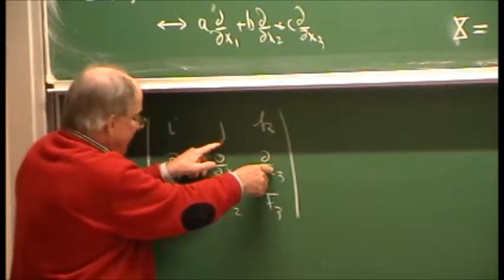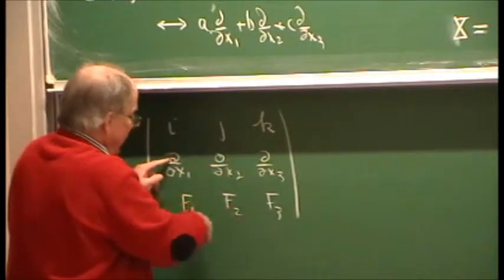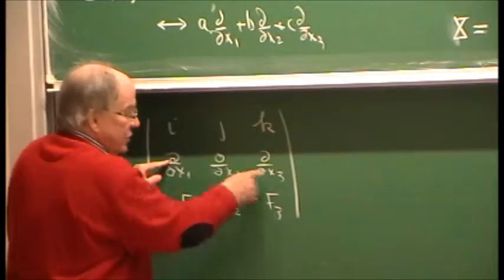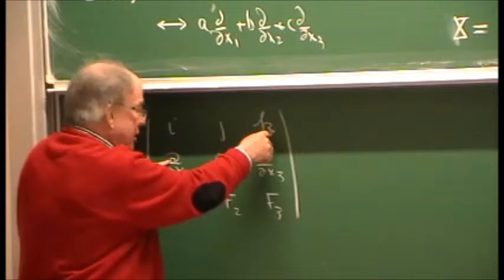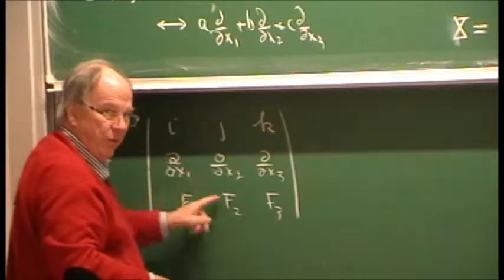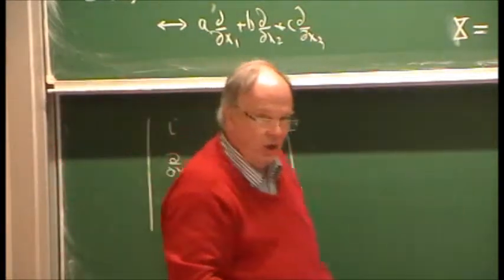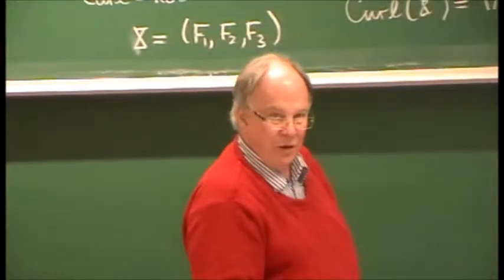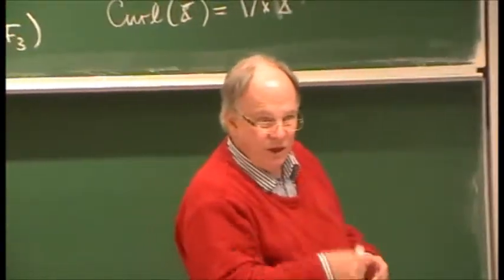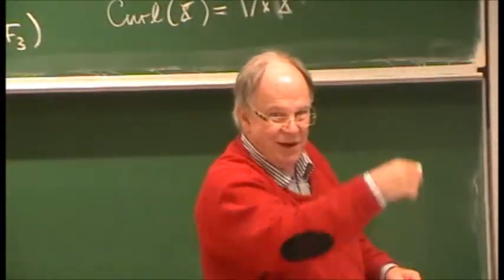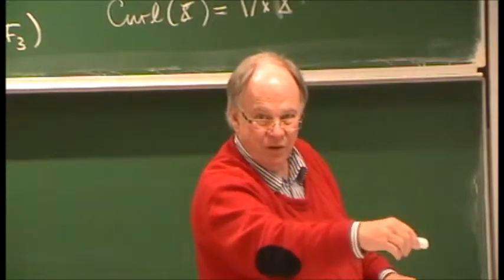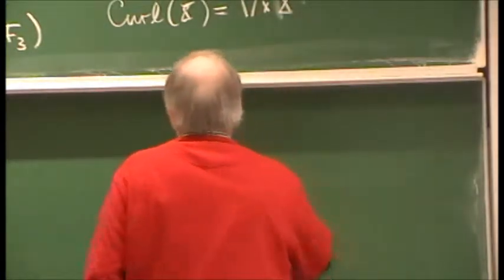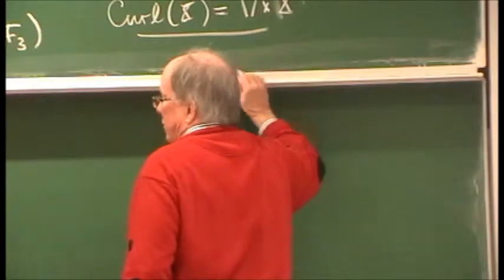This with a minus sign is this determinant, so it's this operating on this minus this operating on this. This with a plus sign is this determinant here. That's curl of the thing, or rotation of the thing. And you see why they call it gradient cross the field. Okay, so that's that language.